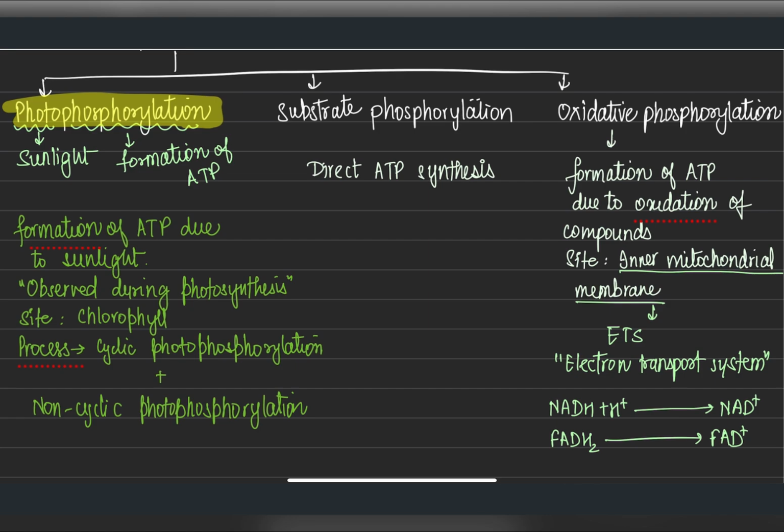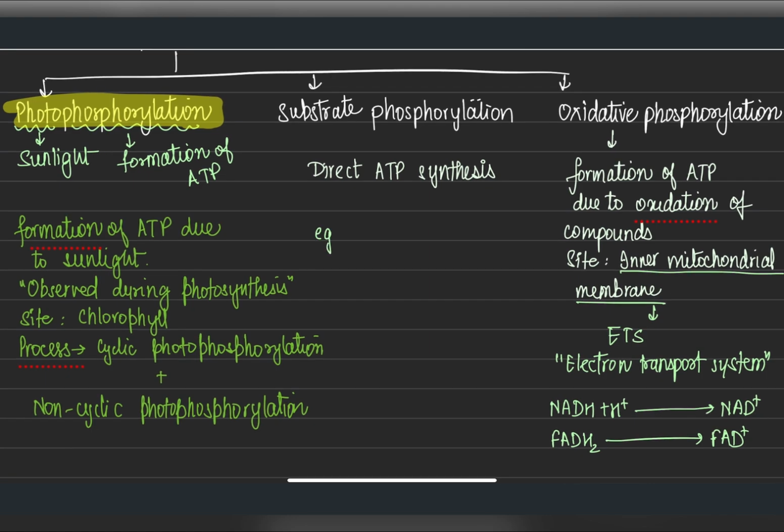Okay, let me just give you an example of glycolysis also. Glycolysis में ATP formation कहाँ पर होती है? I'll just give you the example. Example, 9th step of glycolysis. What happens here is कि PEP is converted into pyruvate.